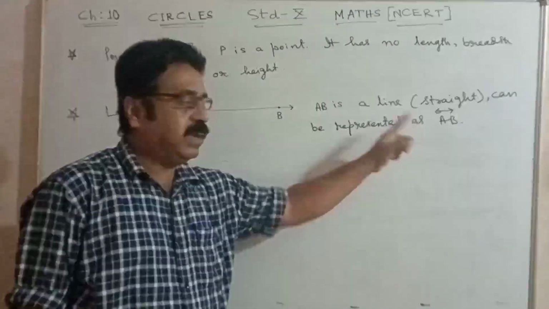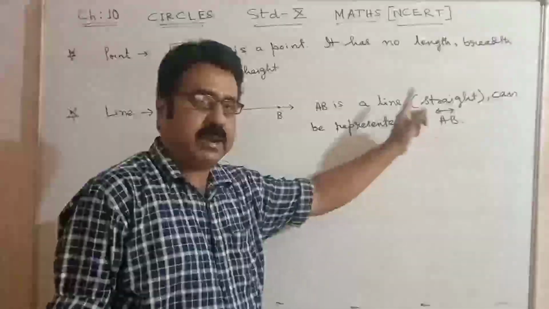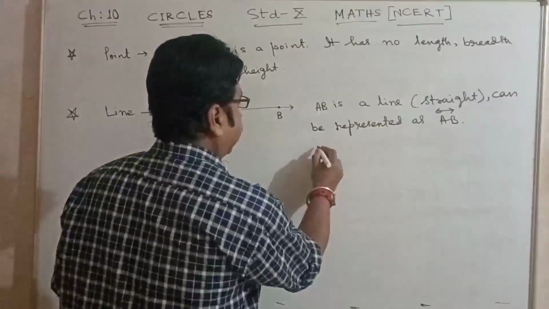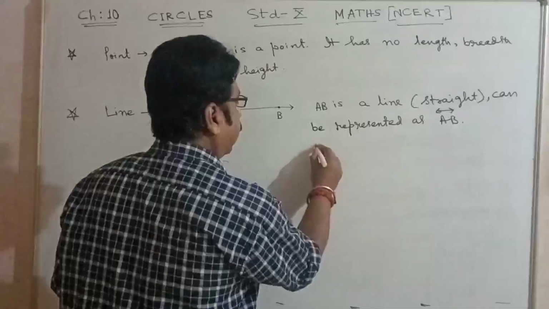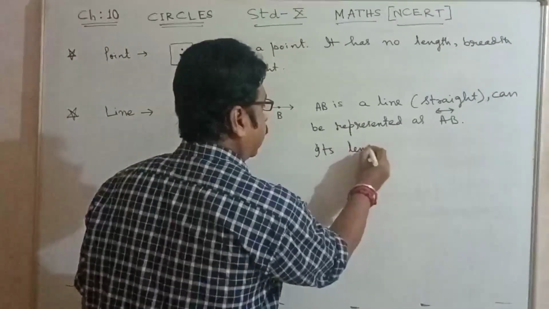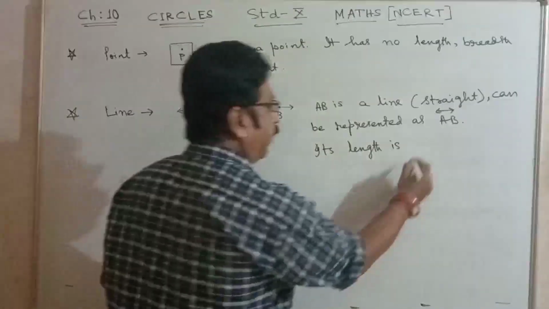It can be represented as AB with an arrow above, on both sides. Its length is infinite.